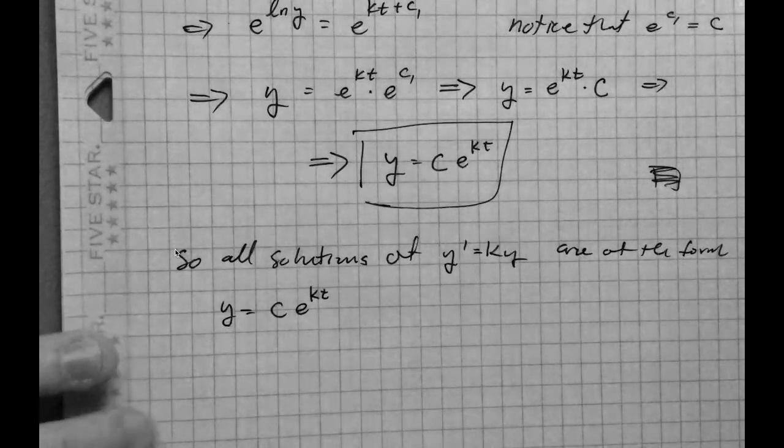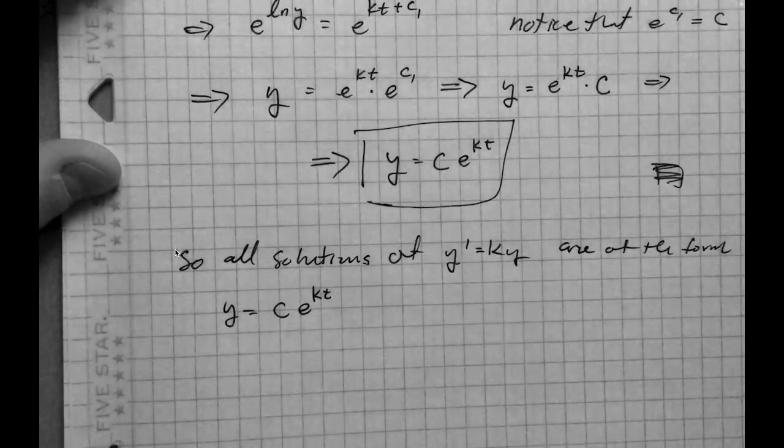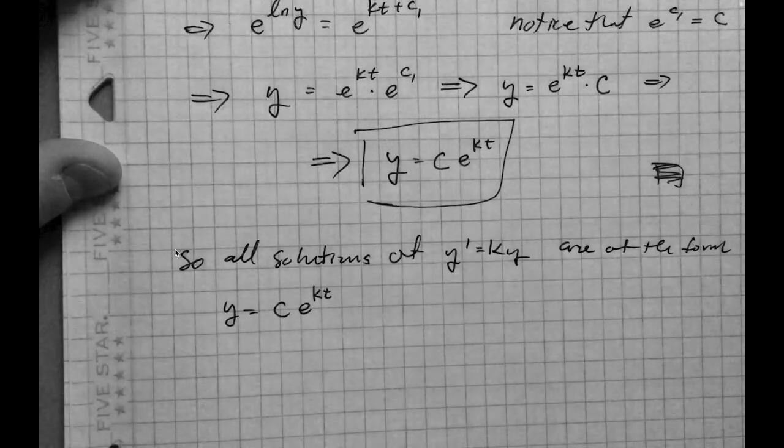Now one thing I forgot to mention with regard to this k is that, depending on the value of k, your model is either going to reflect growth or decay, exponential growth or exponential decay.